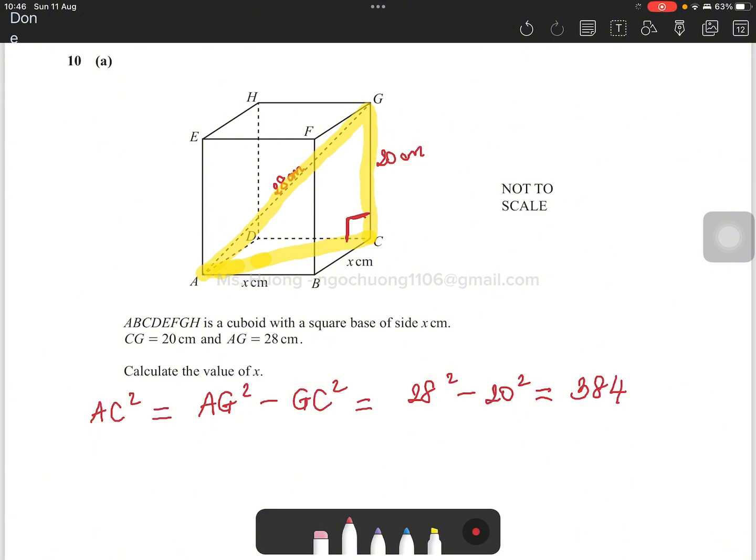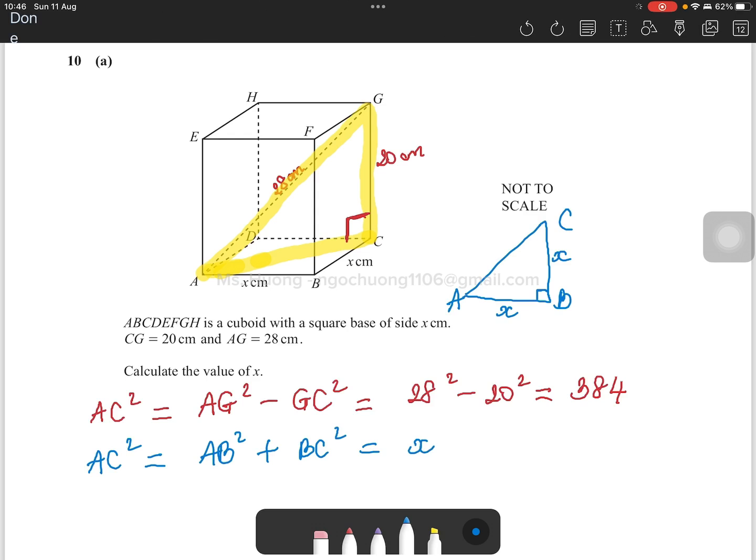And when you look at the triangle ABC, it is also a right angle triangle, and the side AB and the side BC are x. So, in this case, AC squared is equal to AB squared plus BC squared, which means x squared plus x squared equals 2x squared.